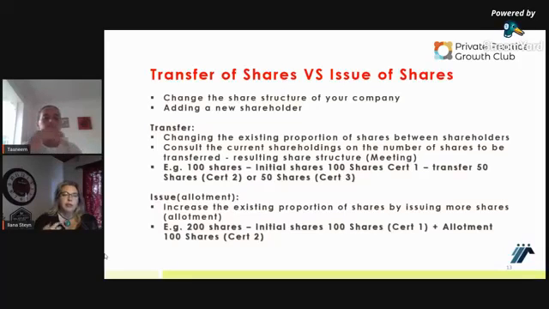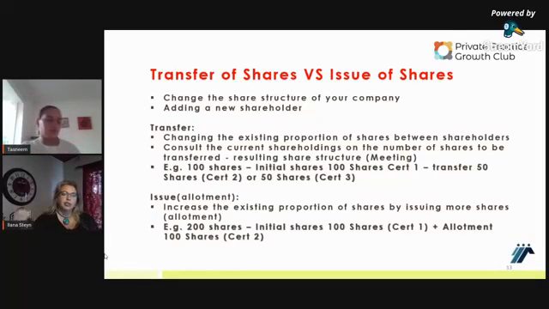But if you want to raise capital in a company and the money needs to go to the company directly, that is where we then issue, or sometimes people talk about allotment of shares. We might have 100 shares that's issued between the two of us, and we now want to bring in a third shareholder. Then we will say, okay, fine, for your 100 shares that you want to have, you have to pay us 1 million Rand.